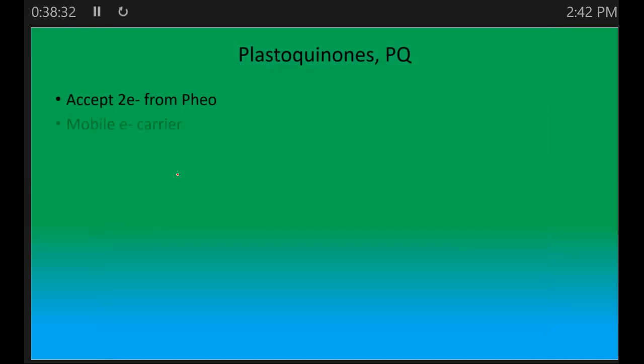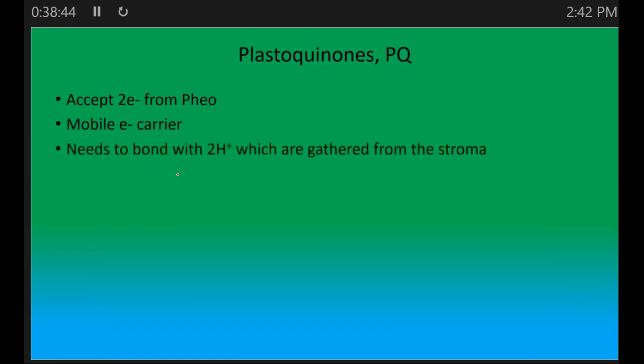So what we see is pheophytin will donate 2 electrons actually to the plastoquinone. This is a mobile electron carrier. It's a small molecule. And what it does is it needs 2 electrons to be chemically happy, so to speak. But that's not the whole story. It needs 2 electrons, but then it also needs 2 protons.